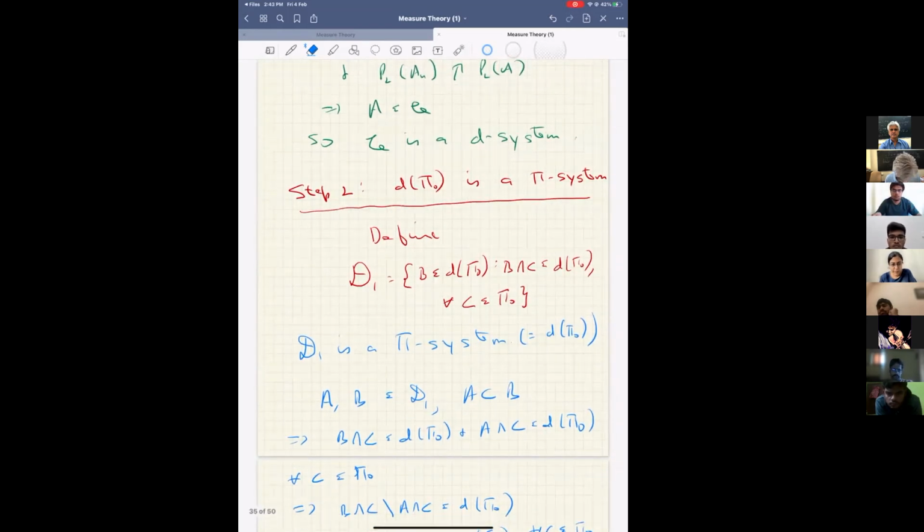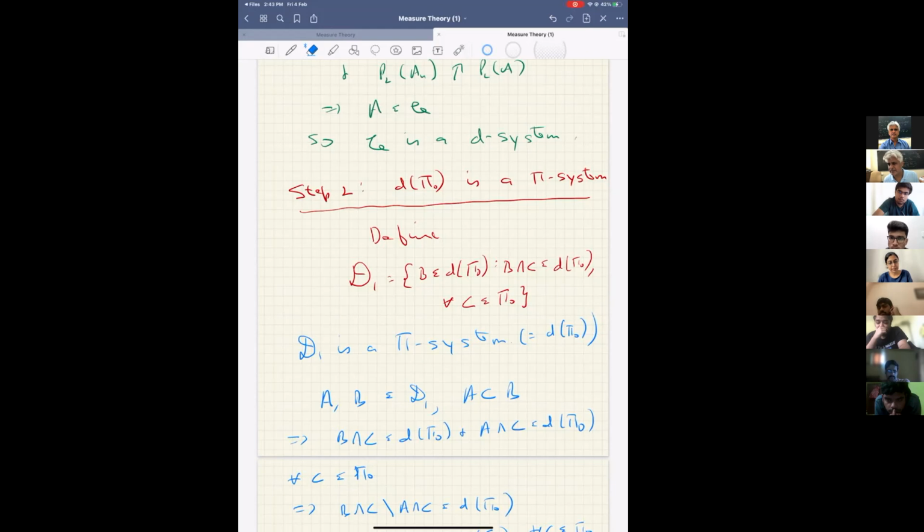We know, for example, all the sets in pi 0 will be members of this, because pi 0 is closed under intersection. So B intersection C will be in pi 0 for all C in pi 0, so in particular, it will be in D of pi 0. So this class D1 is going to include pi 0.